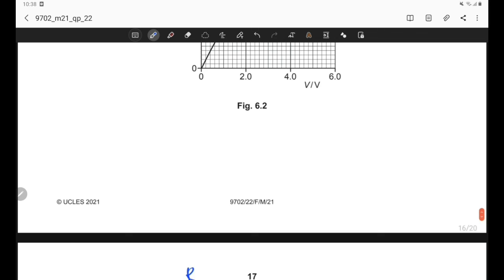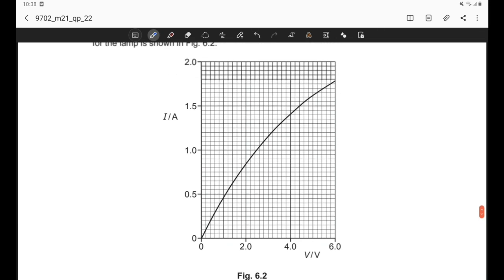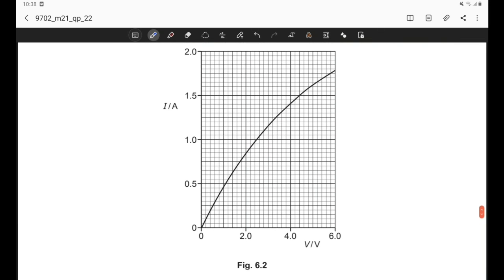For that we need to look at the current voltage graph of the lamp, and check what is the corresponding voltage across the lamp when the current is 1.5 ampere. We can extend this to the graph, then to the x-axis. So from the graph we can get the voltage here is 4.4 volt.